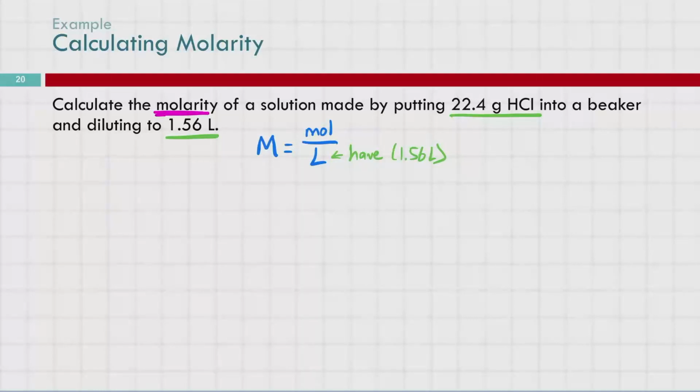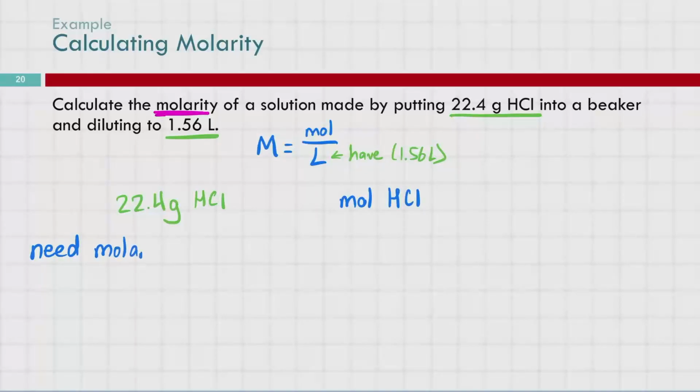We convert grams to moles. So we're going to have to take our 22.4 grams HCl and convert it to moles of HCl. What do we use to convert grams and moles? Molar mass. Do we have a molar mass for HCl? We don't. So we need molar mass of HCl.